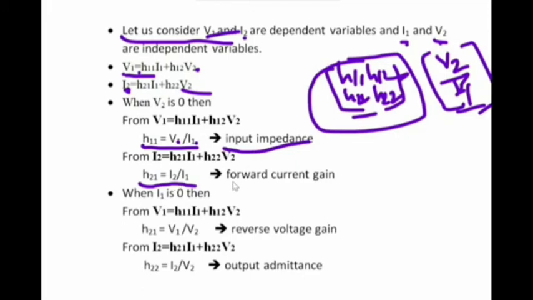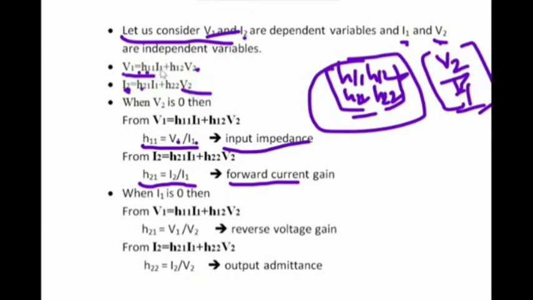This can be termed as current gain, and it is in the forward direction, so this is termed as forward current gain. We have determined the H11 and H21 values by making V2 as 0, that is, the output is short circuited.